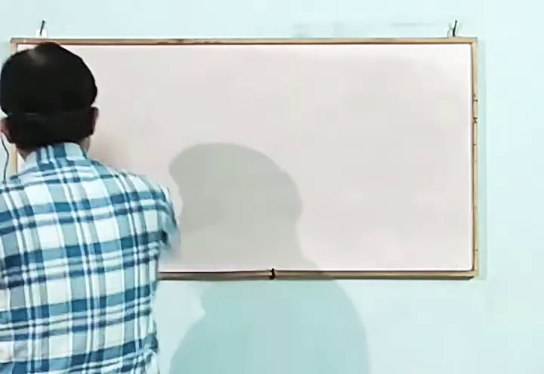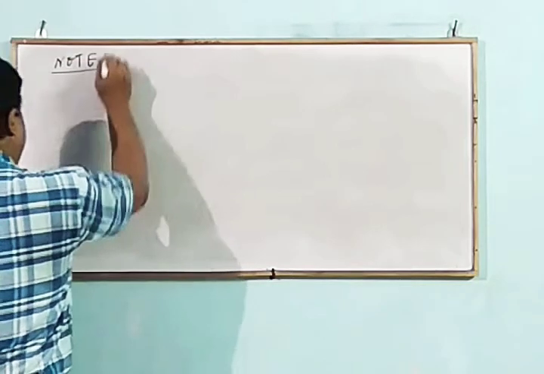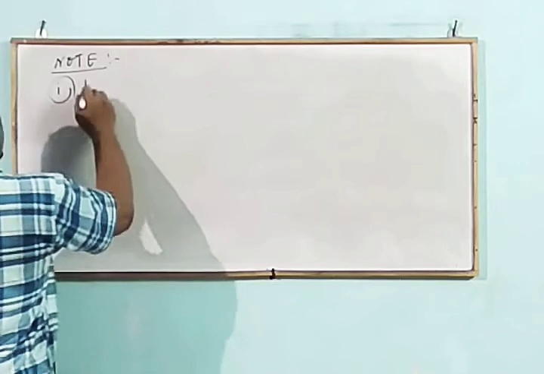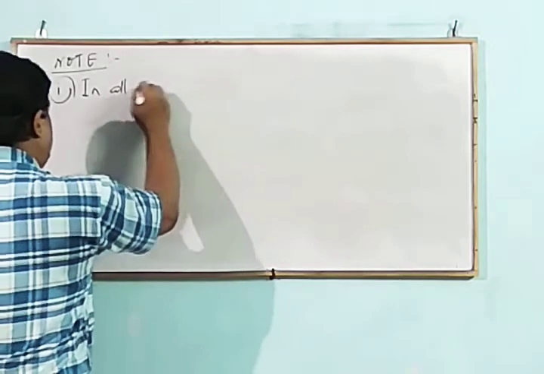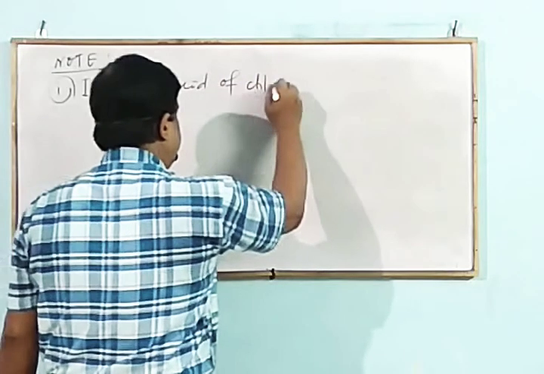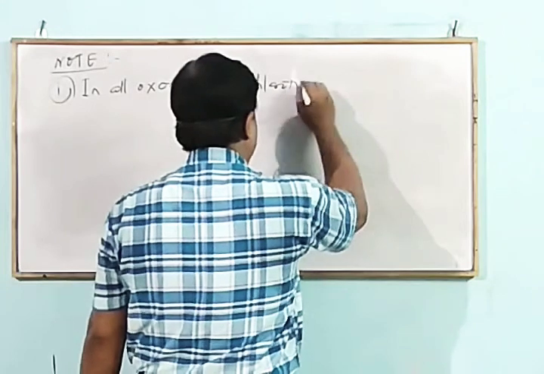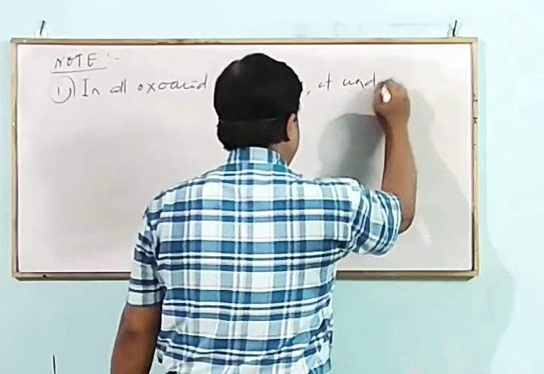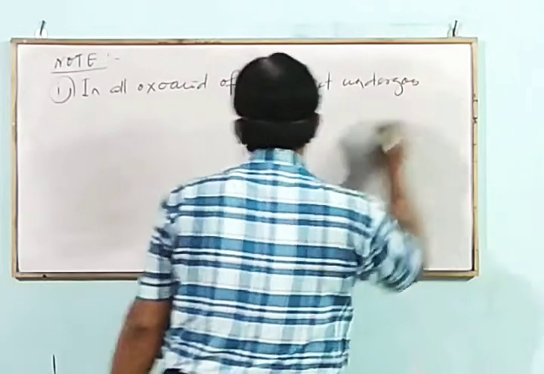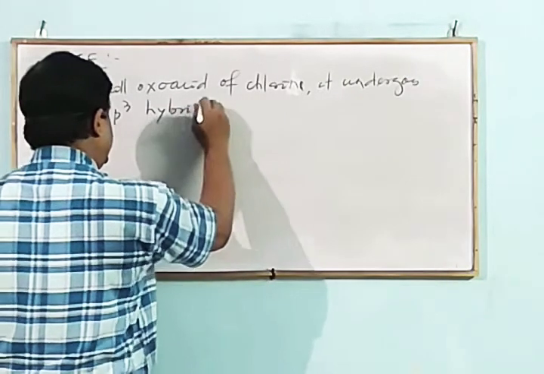Discuss the acidic nature under the heading of note. Two important points. One is, in all oxoacids of chlorine, it undergoes sp3 hybridization.